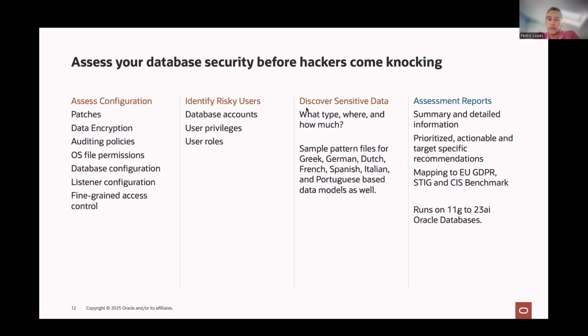They are prioritized and mapped to the regulations, as I mentioned, and it runs on 11G databases up to 23ai, on premises or in the cloud. It doesn't matter much. You can even run it against standard edition if you want. Just keep in mind that some of the recommendations might point to features or options of enterprise edition, but at least you know that we've found the risk and there's a solution.